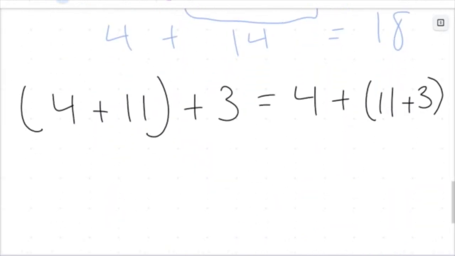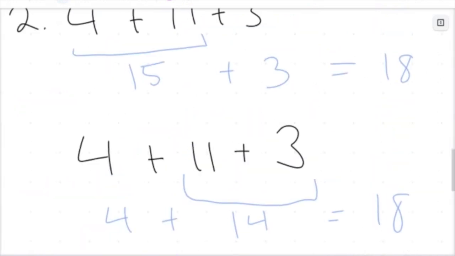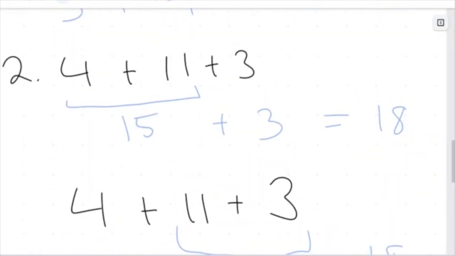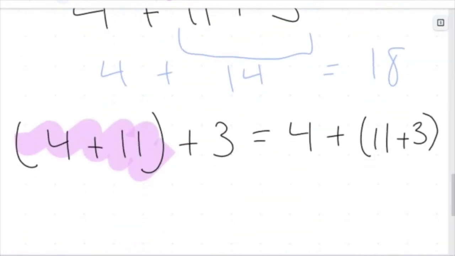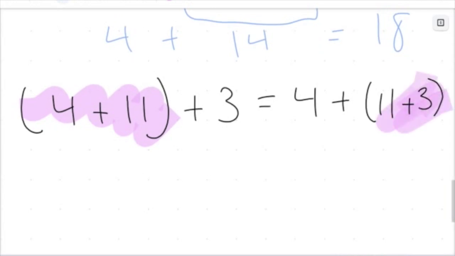I'm just showing that by drawing in these brackets. Now, in the second case, we added 11 and 3. So I'm showing that with these brackets here. And we can see that the order in which we added these in, once again, didn't really matter.